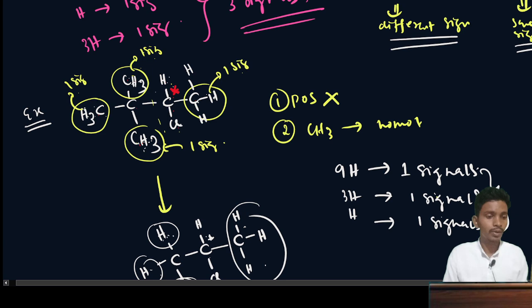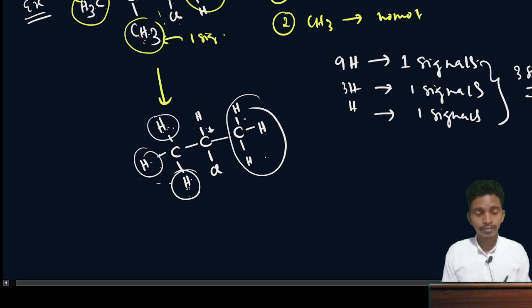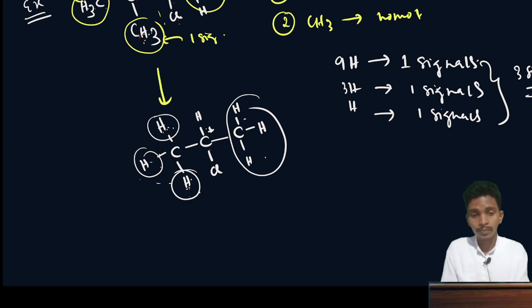So total we will get 3 signals. Likewise we can calculate the number of signals if a question is given. So we will first look whether it is diastereomers, homotopic or enantiomers.